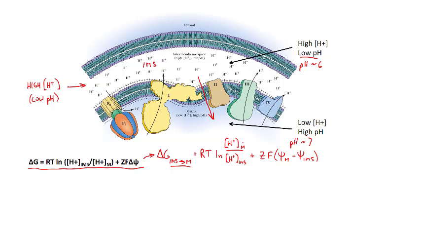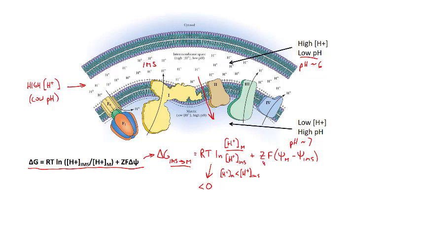Well, we'll notice right here that the concentration of protons in the matrix is lower than the concentration in the intermembrane space. Therefore, this first term is going to be negative, less than 0. Okay, that's because whenever you take the natural log of a number that's less than 1, you end up with a negative number.